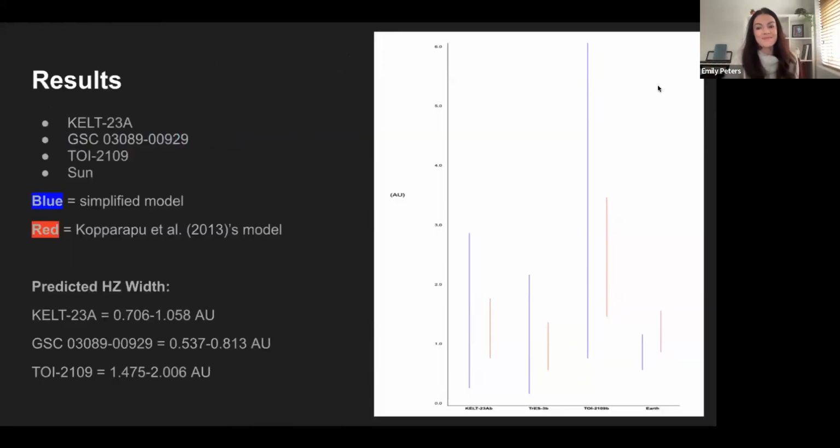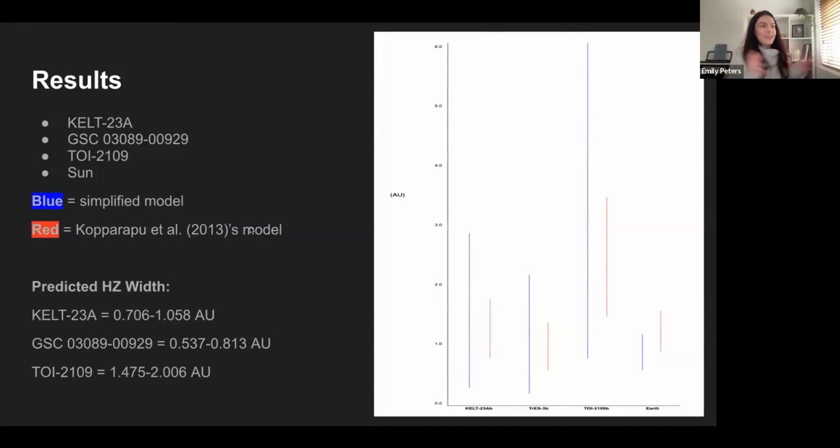So moving swiftly on to the results of the 2 models, hopefully you can see, on a little bit of a small graph, the results from the simplified model are in blue, and the results from Kopparapu's model are in red.